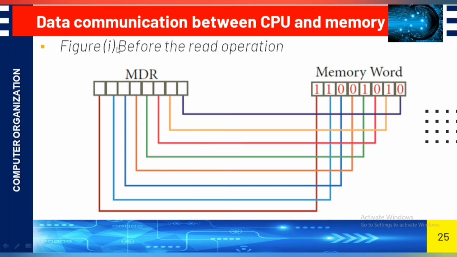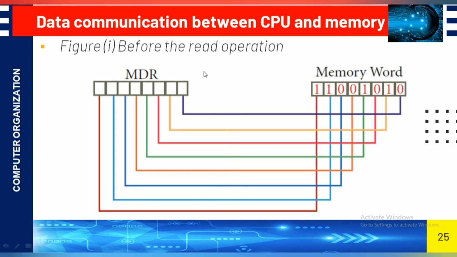In the first figure, before the read operation, the content, the word, is stored in the memory. After the read operation this content is also transferred to the memory data register. Read operation is used to transfer the data from memory to MDR, that is it can transfer the data from memory to other devices.